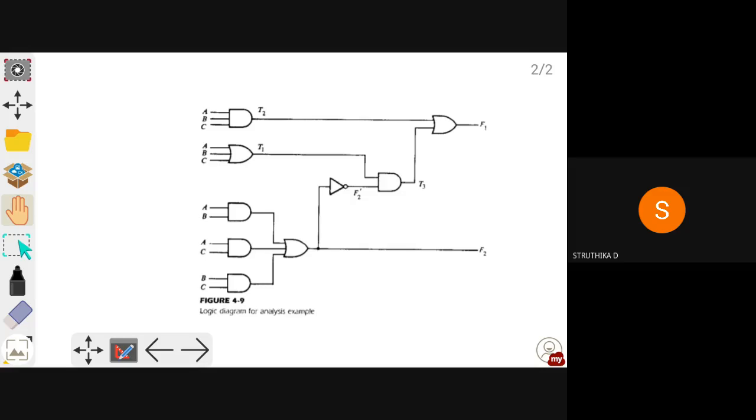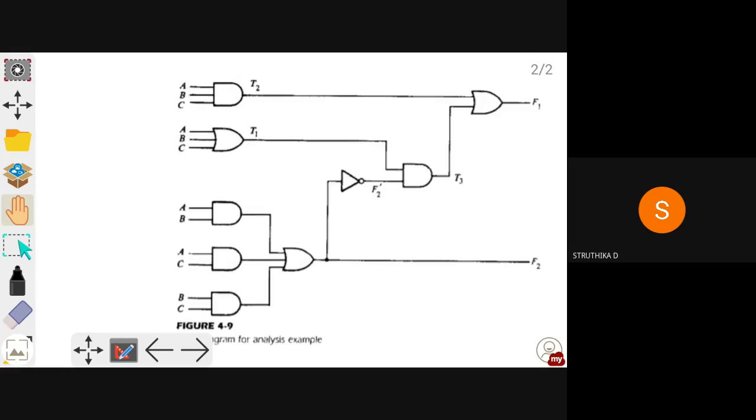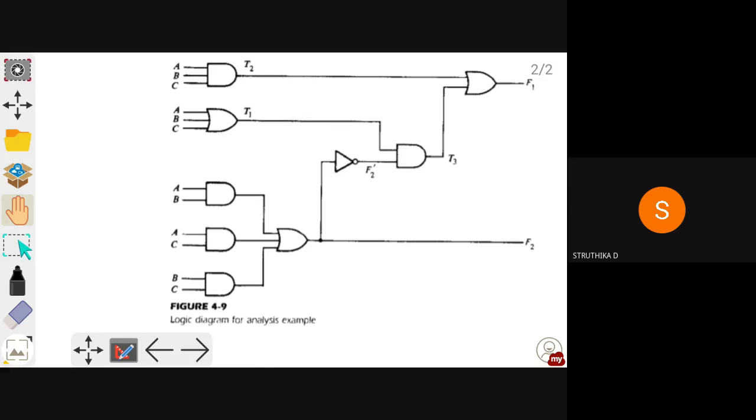The output of the first AND gate is already marked as T2 in the diagram. The second gate, the OR gate, is marked as T1, and the NOT gate is marked F2 dash. Another AND gate is marked T3, and the outputs are F1 and F2.